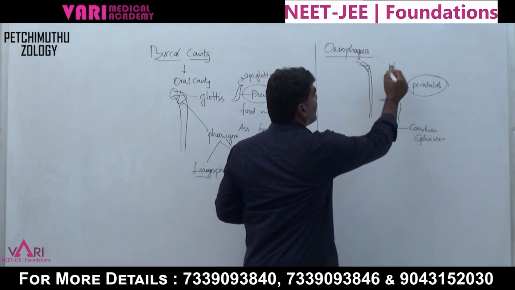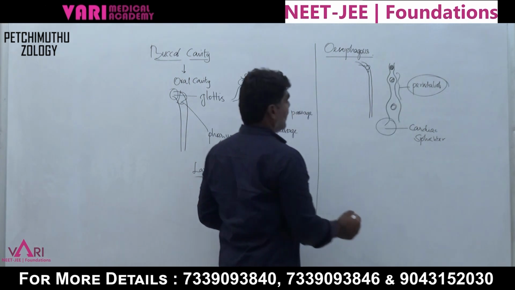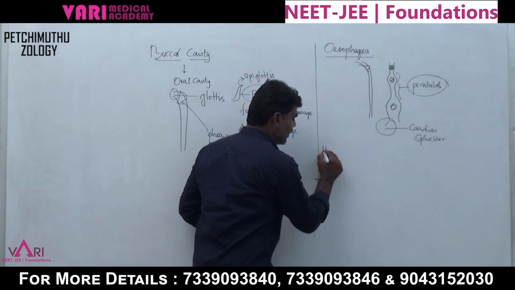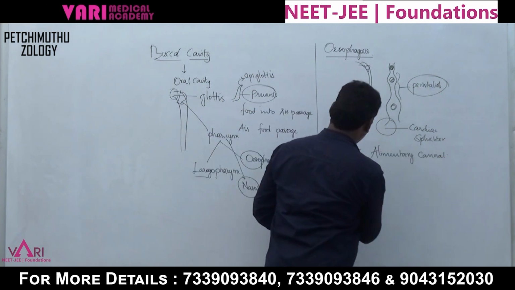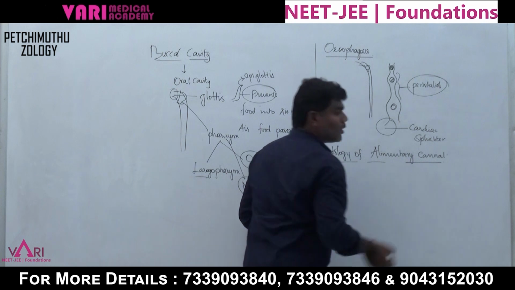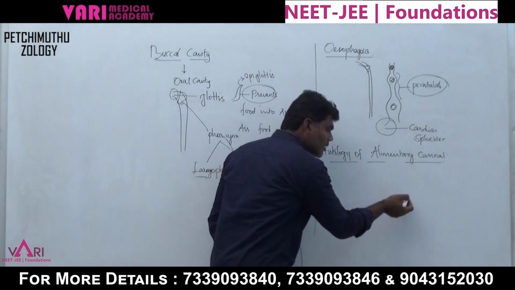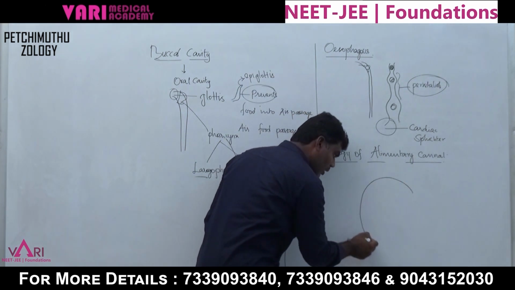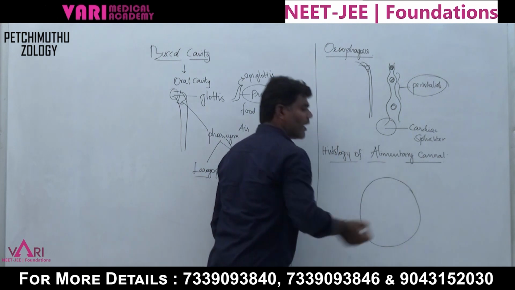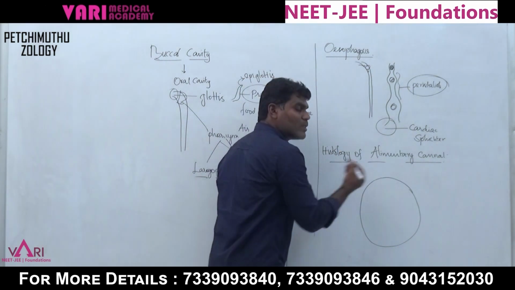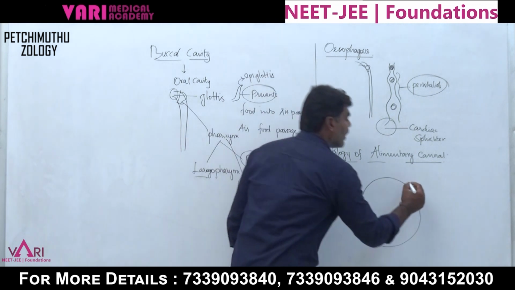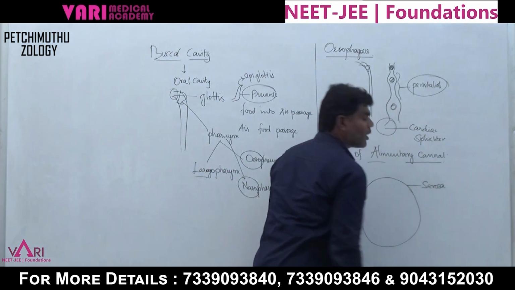The next topic is the histology of the alimentary canal. We can take the cross section of the esophagus. Its outer layer is called the serosa.